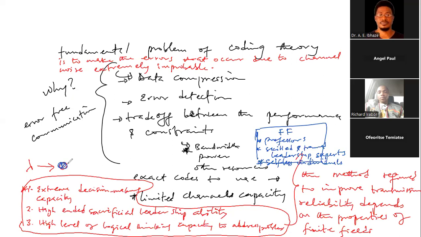Does that make sense? Yes, sir, it makes sense. Perfect. So it now means that the code that we are going to transmit through the leadership domain or channel for this country must be such that the alphabets that form the sequence of symbols must fall within the defined elements in the finite field.